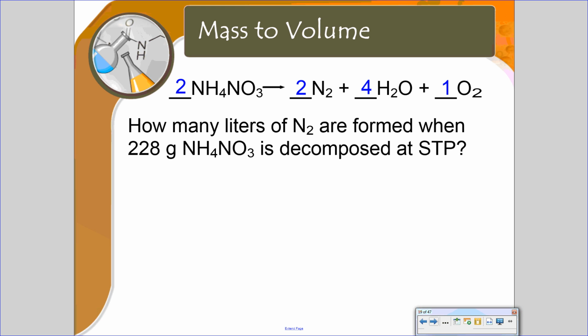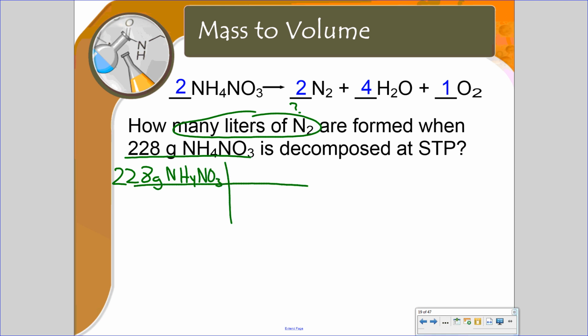Right, mass to volume. This one, the reaction's already given to us, and it's already balanced. We check to make sure it's balanced all the way. It is. So it says how many liters of nitrogen, so that's what we're looking for, are formed when 228 grams of ammonium nitrate is decomposed at STP. So we'll start with 228 grams of ammonium nitrate.